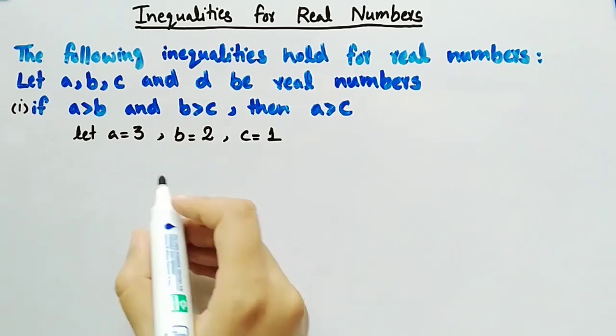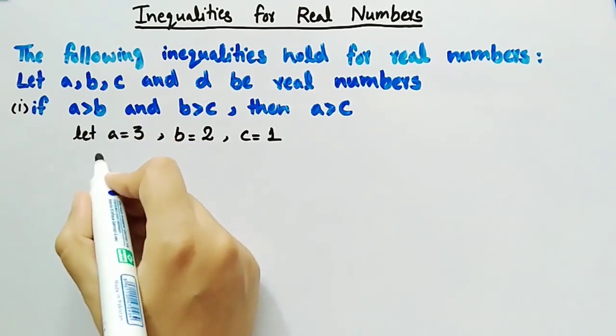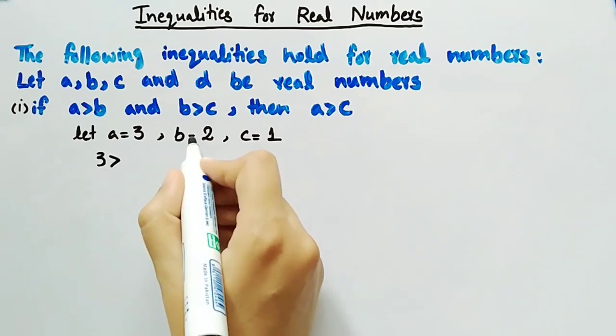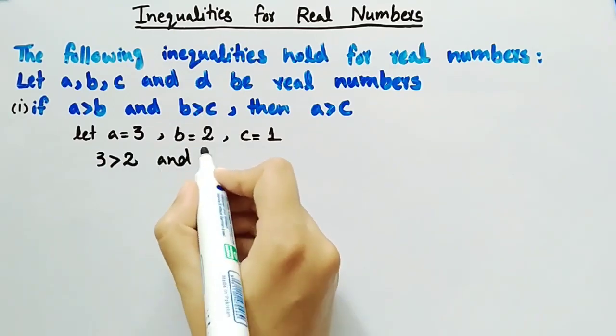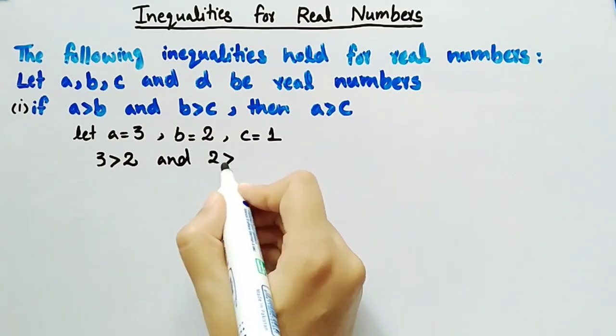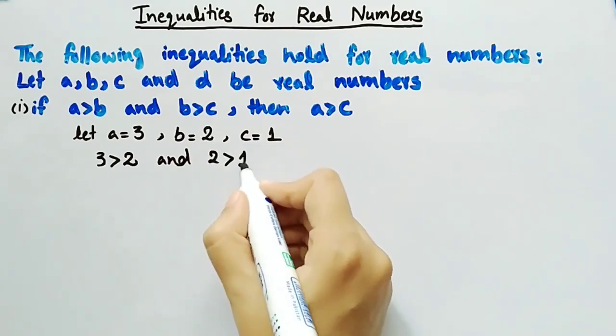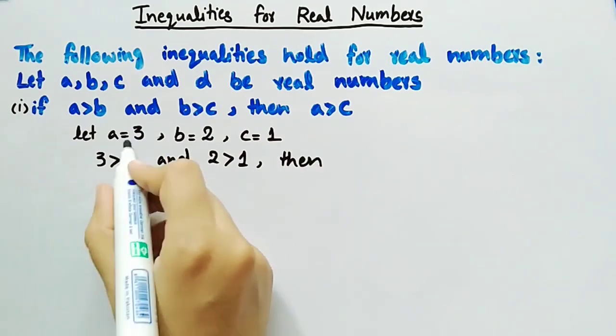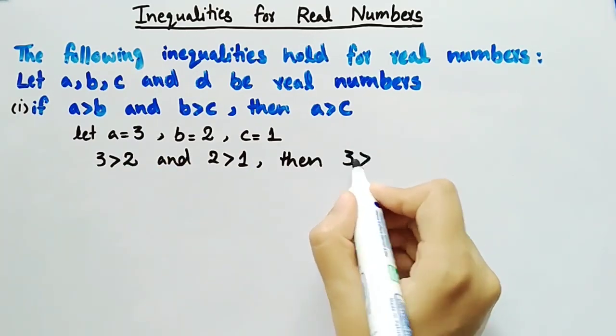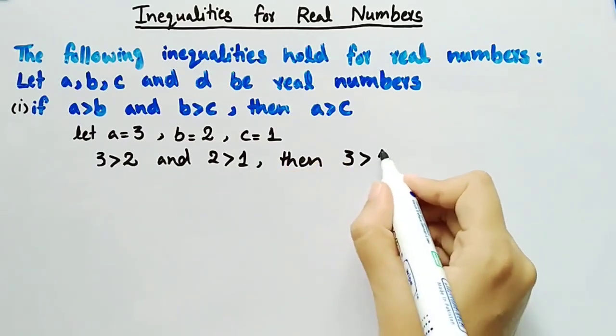We can clearly see that A, which is equal to 3, is greater than B, which is equal to 2, and B, which is equal to 2, is greater than C, which is equal to 1. Then A, which is equal to 3, is greater than C, which is equal to 1.